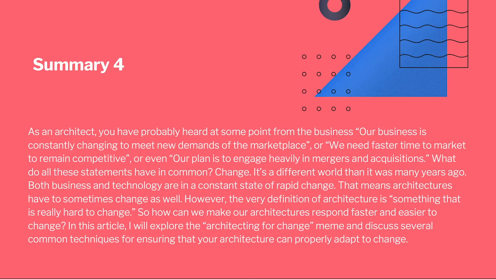That means technology also must change to keep up. But the real meaning of architecture is something really hard to change. So, how can we make all our architects respond much quicker and easier to change overall?